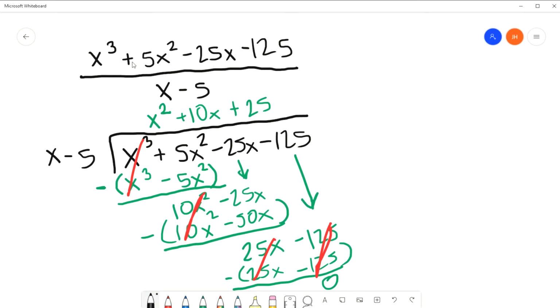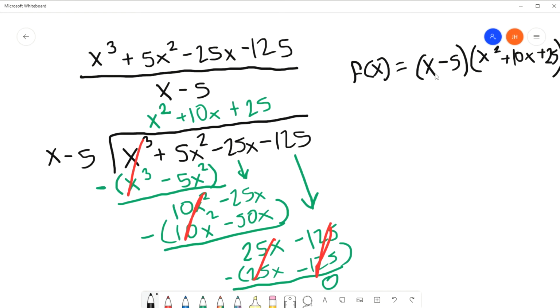Therefore, my original polynomial f of x is equal to x minus 5, which I just divided out, times the result, x squared plus 10x plus 25. Now, I'm not quite finished factoring, am I?